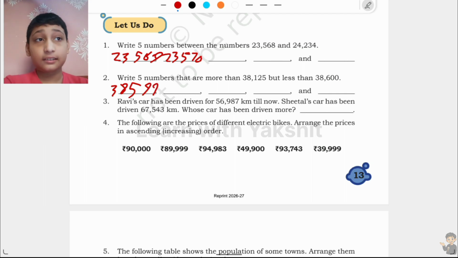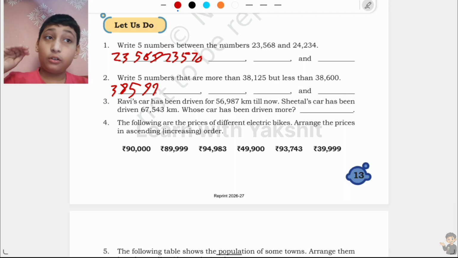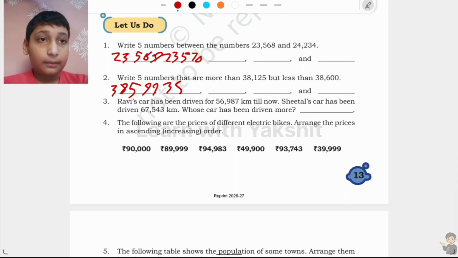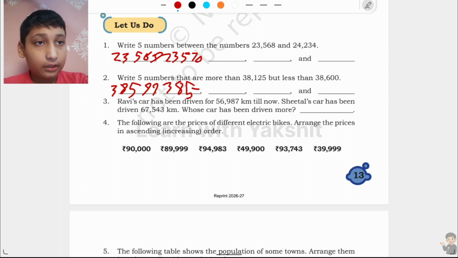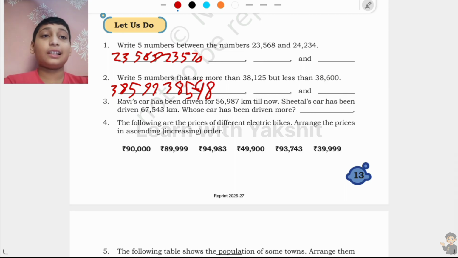That's still less than the second number and more than the first number. And if you want to extend the pattern more, 38,500, 38,598. We can do it like this. It's a little messy.